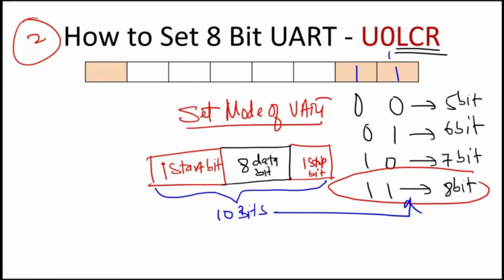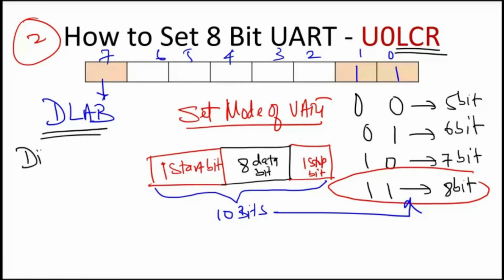So 0, 1, 2, 3, 4, 5, 6, 7. Bit number 7, or the 8th bit, is your DLAB bit. The word DLAB stands for divisor latch access.